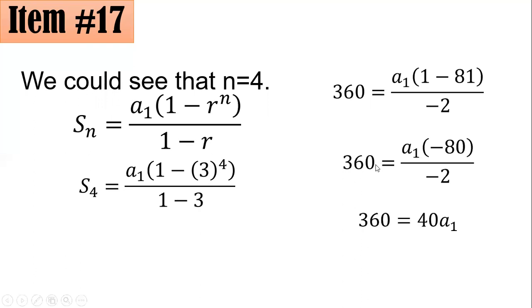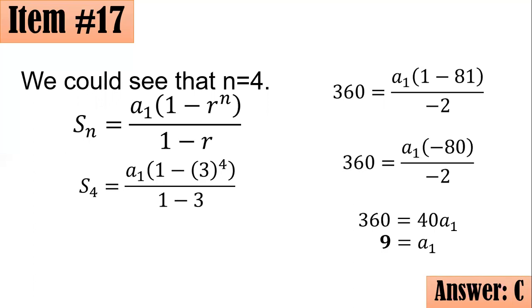The negative 80 divided by negative 2 will give you 40. Hence, I have 360 equals 40 A sub 1, and dividing both sides by 40, you will get a value of 9 as A sub 1. Hence, letter C is the correct answer here.